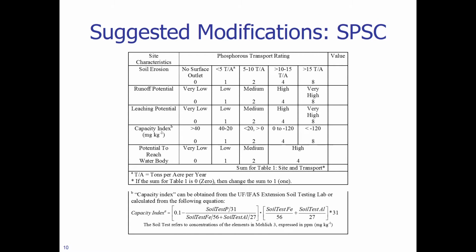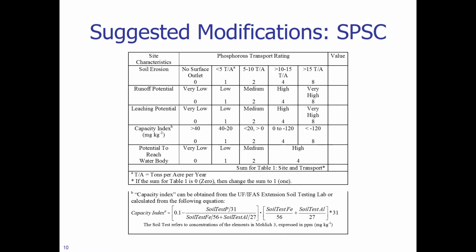The suggested modification here includes the SPSC, or the factor, as we call it, the capacity factor without the correction factor. You will notice, just let us look at the site characteristics, the capacity index. They are given different ratings depending on the absolute value.